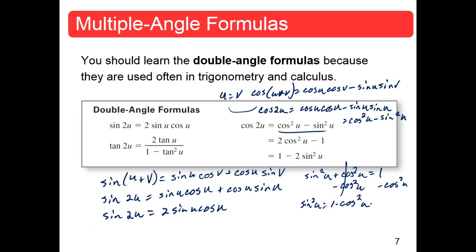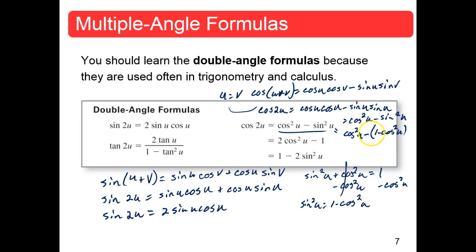And you probably use that enough you almost remember that anyway, right? So instead of writing sine squared U, we'll put 1 minus cosine squared U right up here. So this would be cosine squared U minus 1 minus cosine squared U, right?